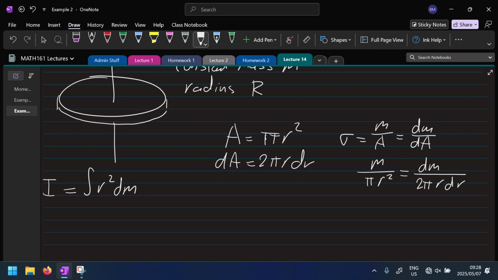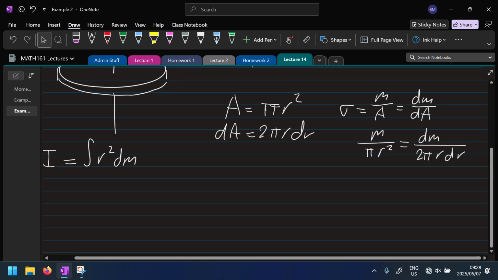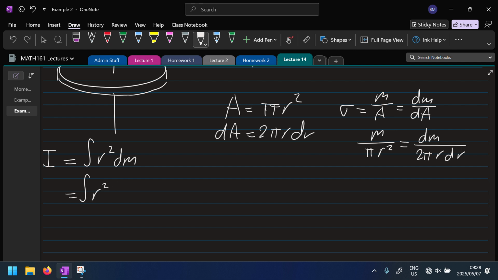Anyone lost with that? Okay. So we can substitute now. So this will be the integral of r squared, then that density, the dm by dA, times dA. This was that sigma that we called the dm by dA.